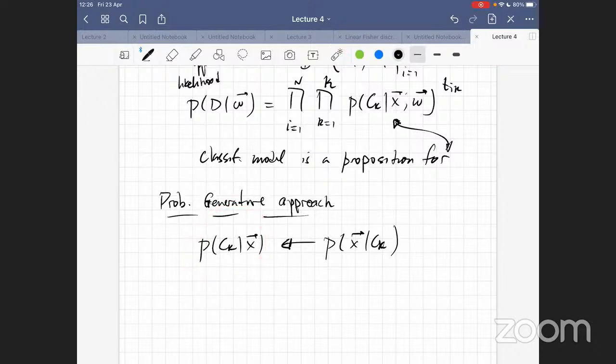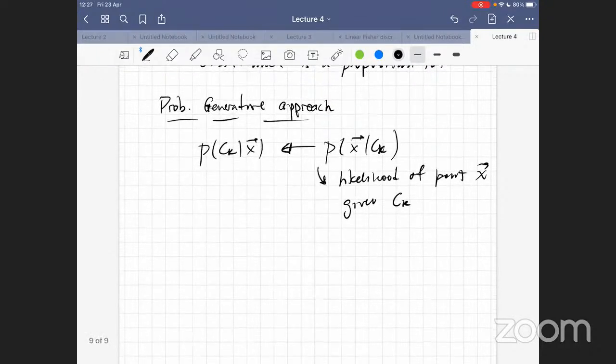So this is nothing more than the likelihood of point X given some class, given CK, right? So it is a more informative way, in the sense that it is giving you a lot of information.